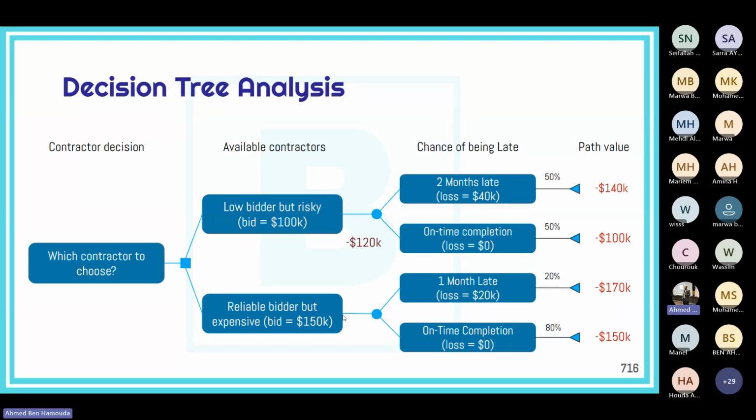For the second contractor, it is 20% probability of the 170,000 path plus 80% chance for the 150,000 path, so we're talking about 154,000. Based on this decision tree analysis, it seems going with the low bidder is the best option, taking all paths into consideration. So this is a very simple way of understanding the decision tree analysis.